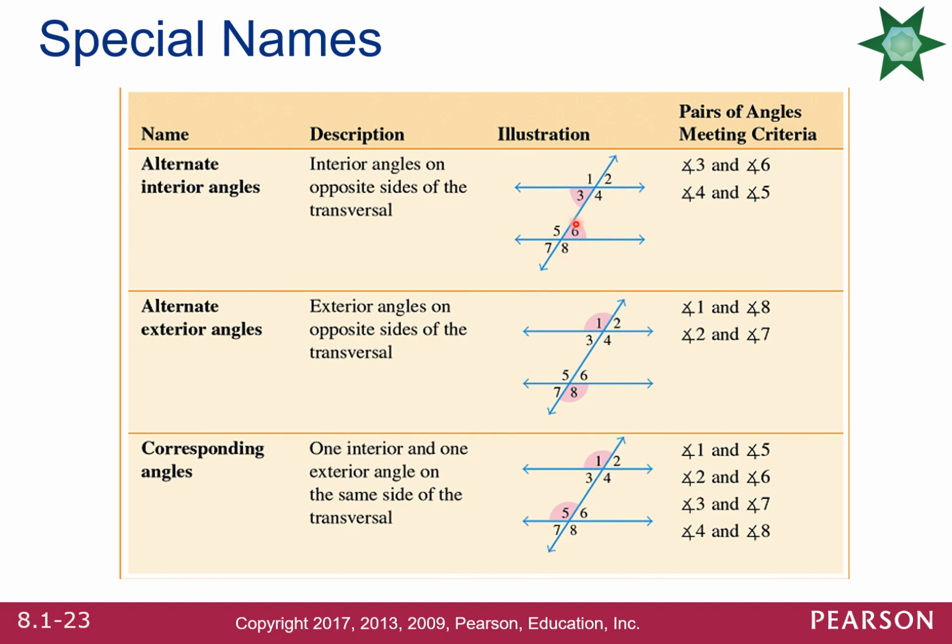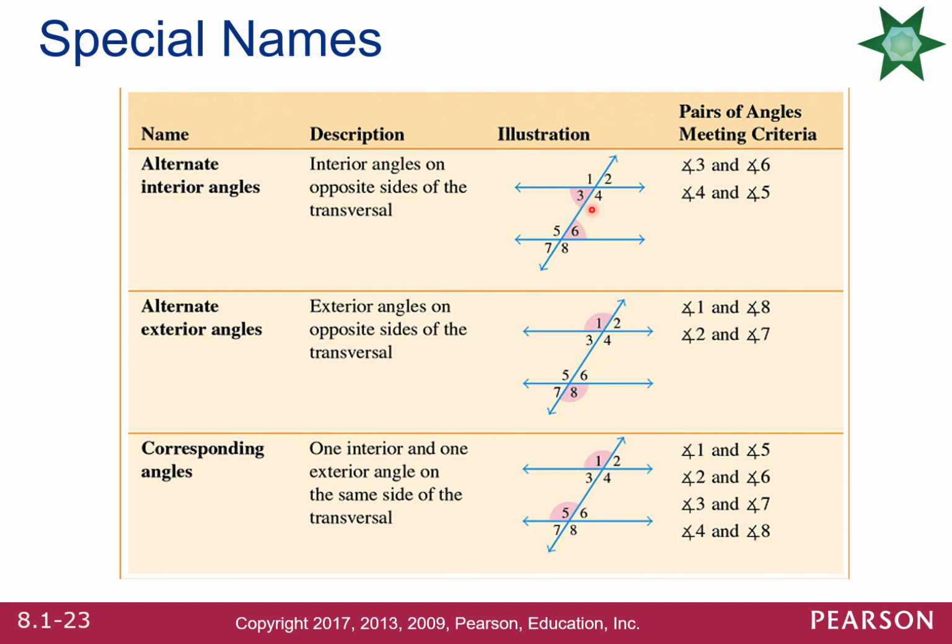And they are alternate because 3 is here and 6 is on the other side, on the alternating side of the transversal. So angle 3 and angle 6, these two measures will be equal. That's the special relationship. The alternate interior angles will be equal.